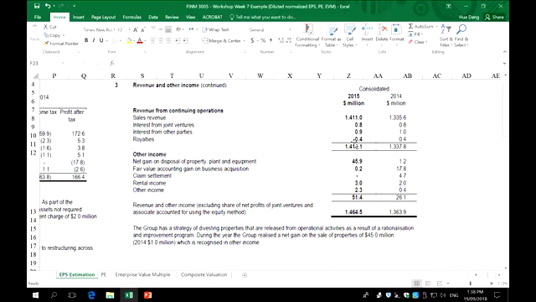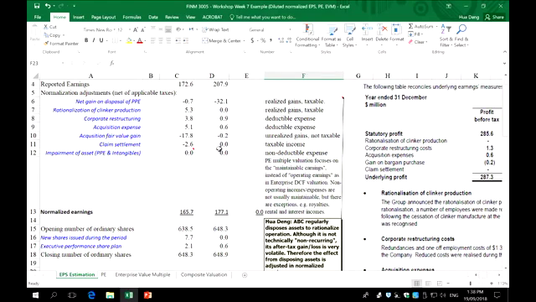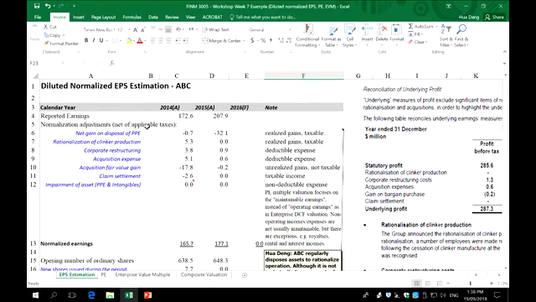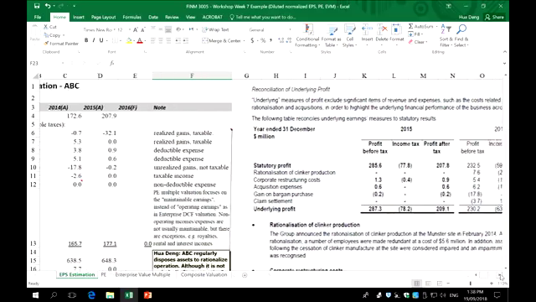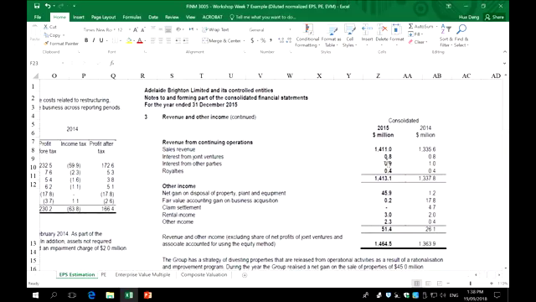Based on the nature of the item, we decide it's maintainable. It's going to go into the earnings in the PE valuation. So when we start from the reported earnings and do the normalization adjustment, the interest and royalties, which are non-operating in nature but maintainable, would not be taken out of the reported earnings in the normalization process.